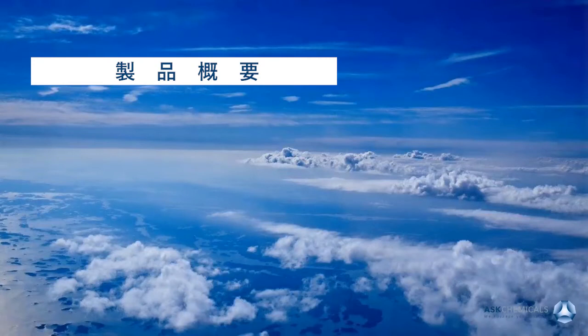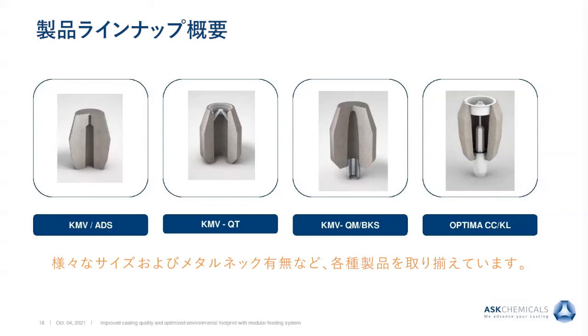So in the next step, I would like to give you a product overview about our risers in some very short slices. We are producing, of course, all standard sizes of risers, some special sizes with introduced neck reducing, or with metallic riser necks.